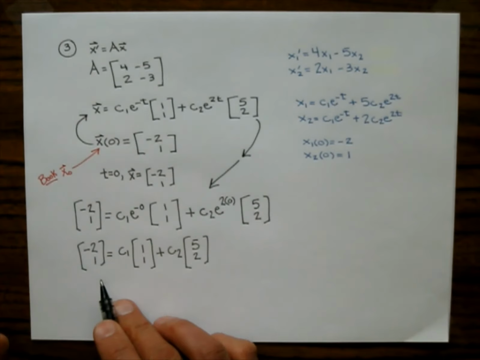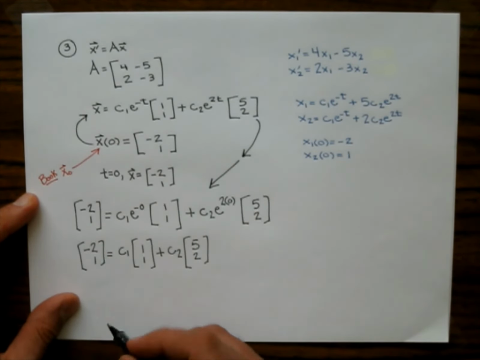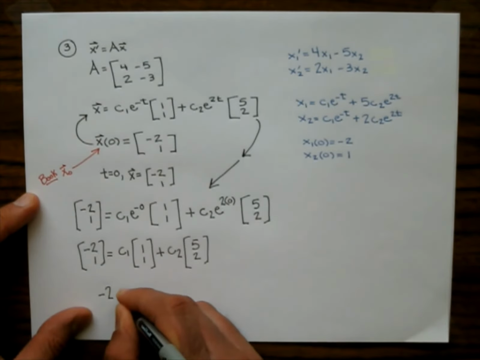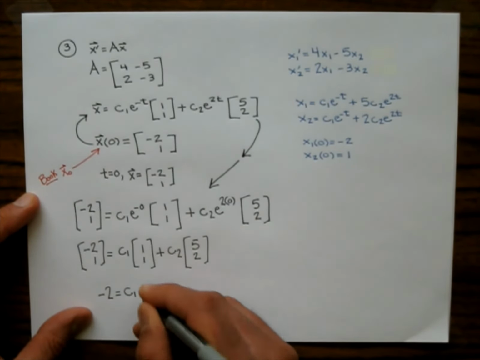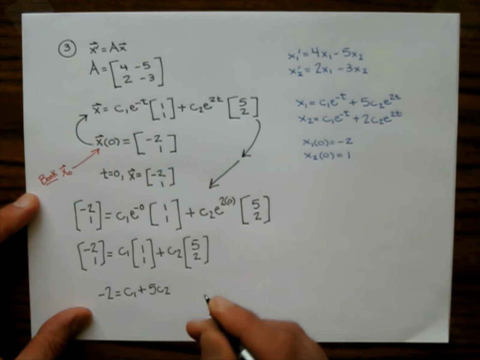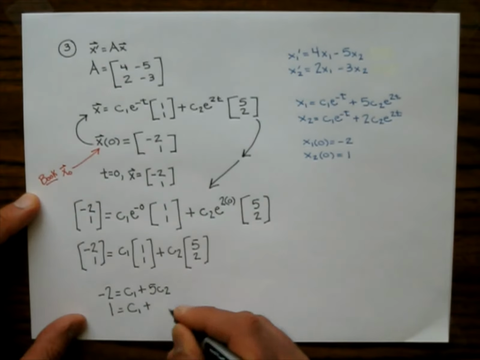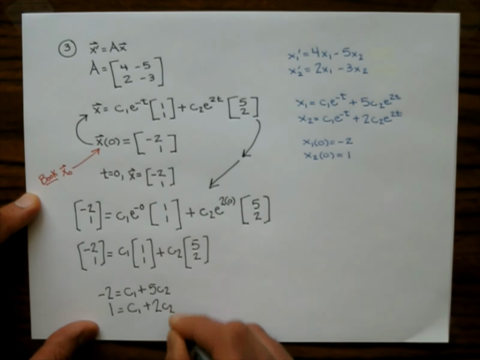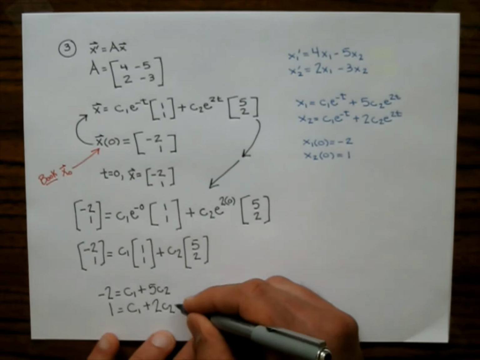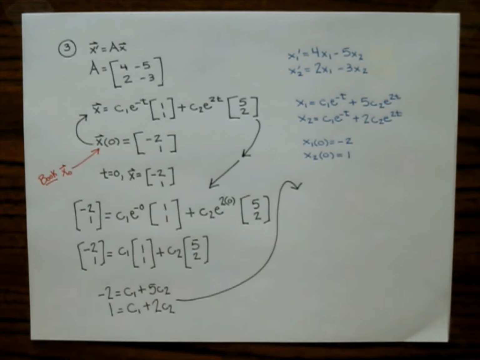So really, this is giving me two equations and two unknowns, the C1 and C2. Just going on the top row, I get -2 equals C1 plus 5C2, and then 1 equals C1 plus 2C2. I'm going to go ahead and bring this over here and subtract.